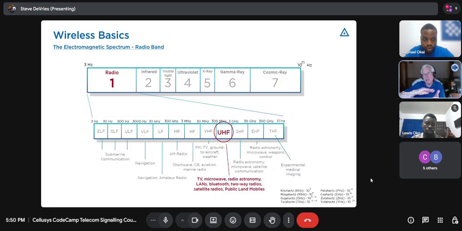Also, the lower the frequency, the more it follows the curvature of the Earth. The higher the frequency, the radio waves take on more the characteristics of light. It beams more, and the signal dies off much quicker. So that's just a general characteristic of light.